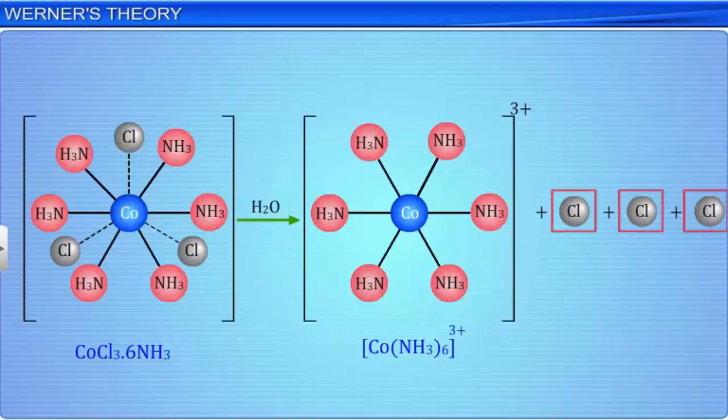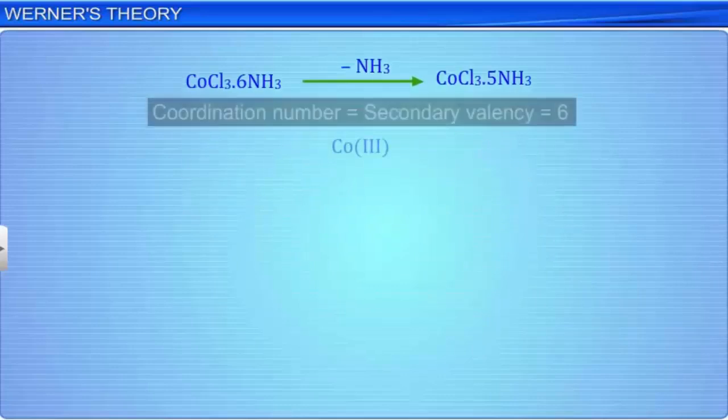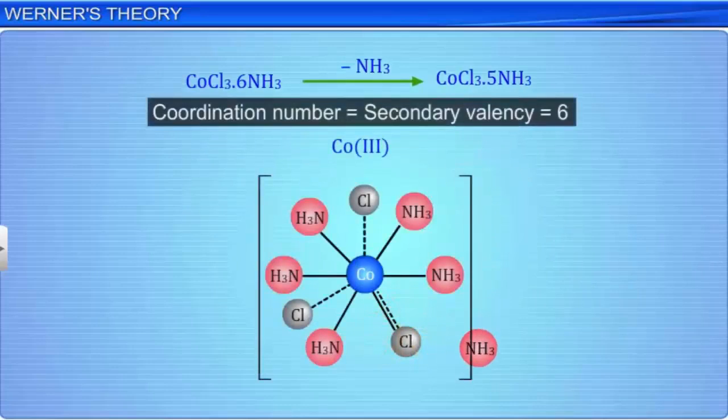Werner deduced that the loss of one ammonia molecule from CoCl3·6NH3 should give CoCl3·5NH3. This complex has only 5 ammonia molecules. Therefore, to satisfy the coordination number of 6 of cobalt, one chloride ion assumes dual behavior.